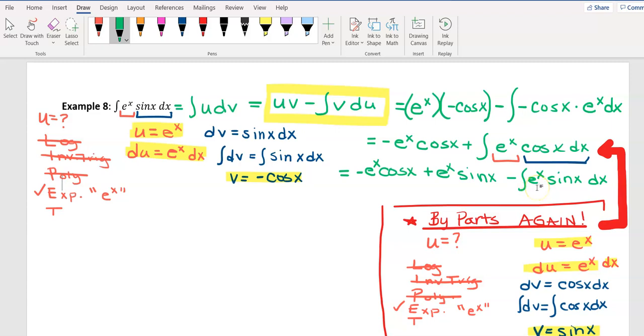Do you notice we still have an integral, and that integral is e to the x sine of x dx? But wait a second. Doesn't that seem really similar to what we started with? Well, in fact, it's the exact same thing we started with. So do you see how there's a cycle going on here? We started with e to the x sine of x. We did integration by parts.